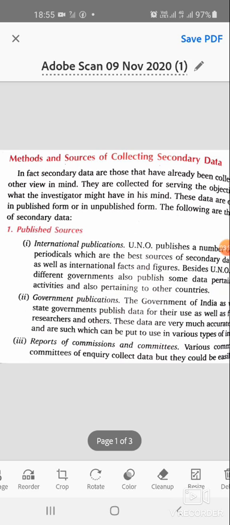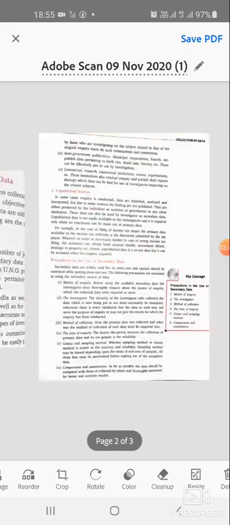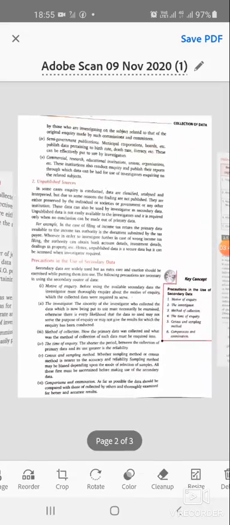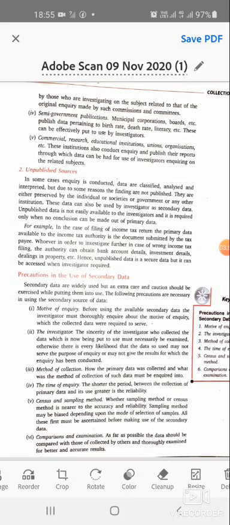The Liberhan Commission was set up regarding justice for Sikh rights in 1984. These committees and commissions also publish reports, and from there also we can collect the data.